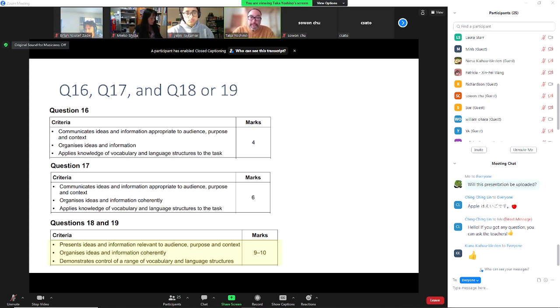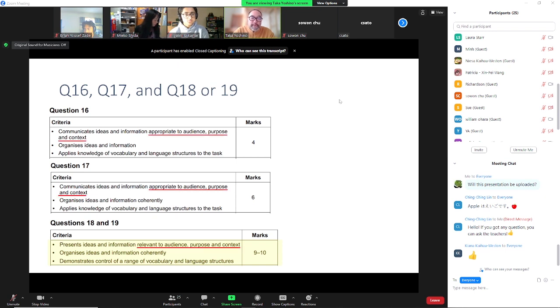Now, I'd like to talk about the marking criteria. This is the document that the people who give you the mark are going to use. When we look at questions 16, 17, 18, and 19, the marking criteria are very, very similar.